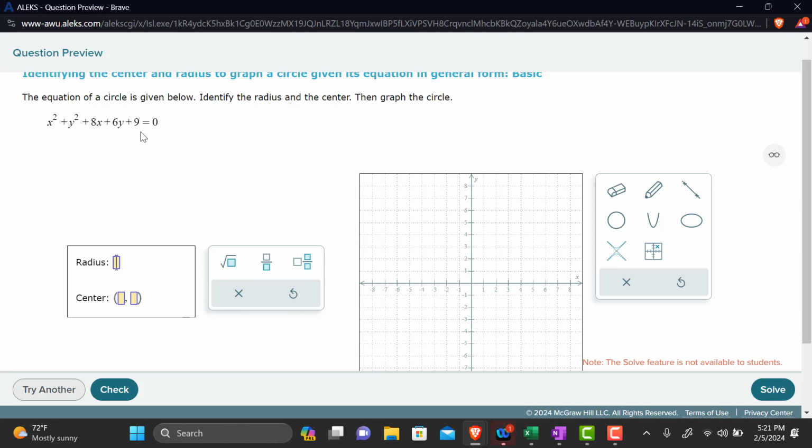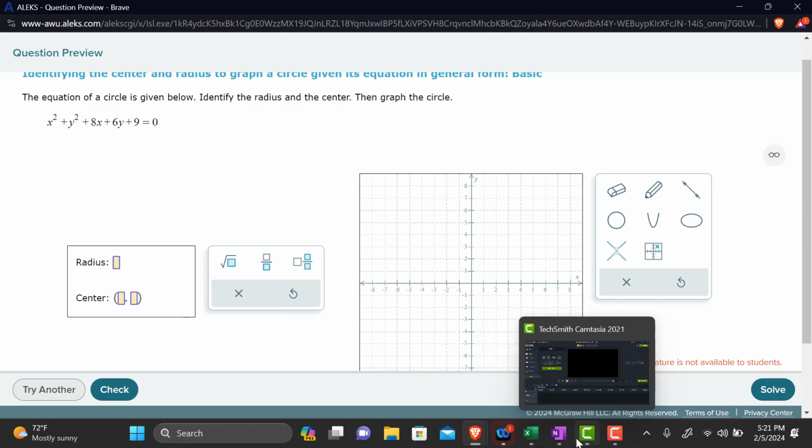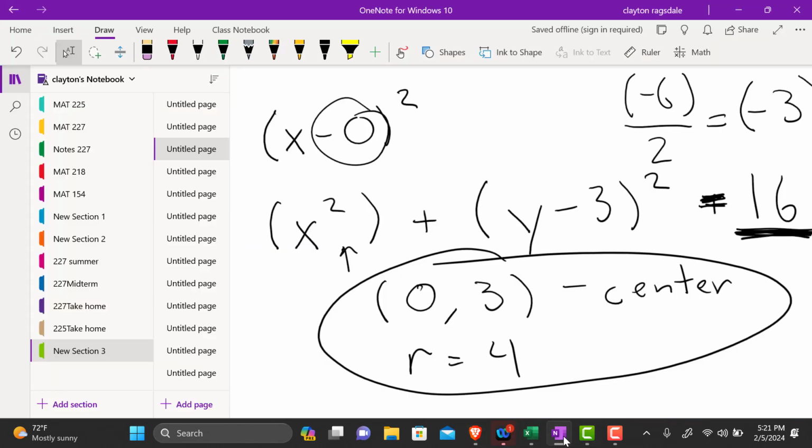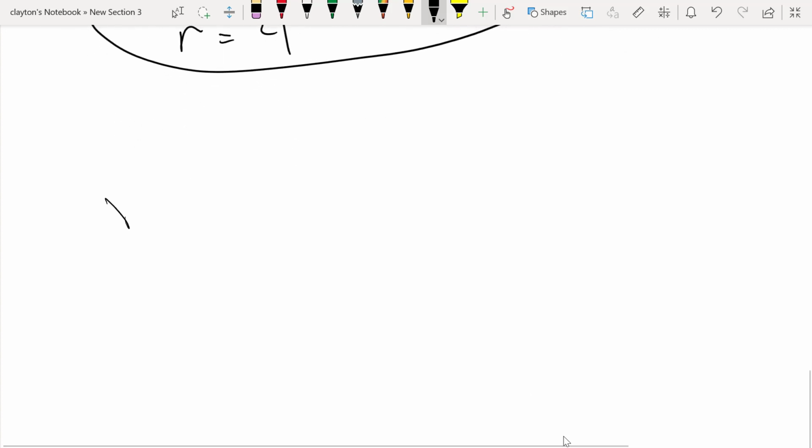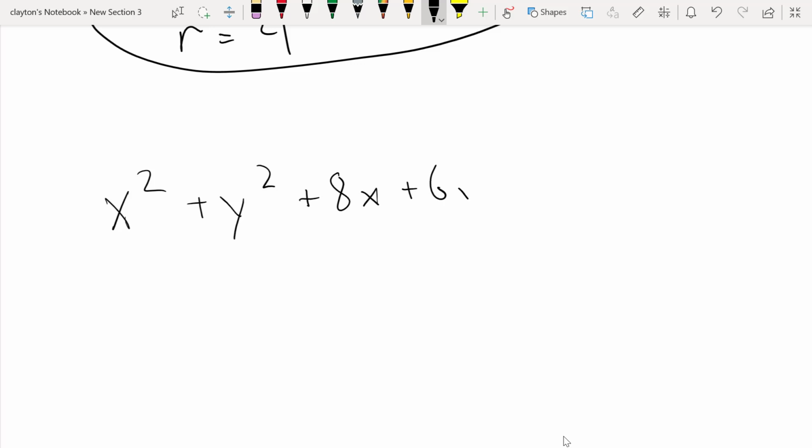We have x squared plus y squared plus 8x plus 6y plus 9. Let's see if I can remember that. There's all plus signs, that's the good news. x squared plus y squared plus 8x plus 6y plus 9 is equal to 0. So I'm going to do the first two steps at once.